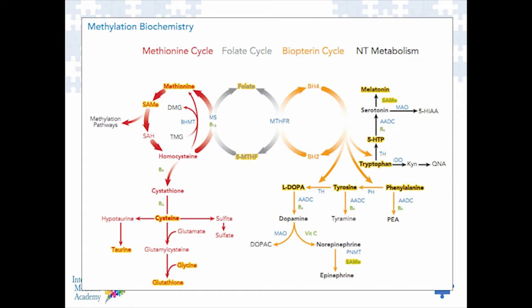So oftentimes we tend to hyper-focus on a few enzymes, or we'll hyper-focus on, let's say, the methylation cycle, and sometimes forget about the folate cycle or this thing called the biopterin cycle. And as this particular slide highlights, there's a lot of overlap, but this biopterin cycle has a significant influence on neurochemical balance.